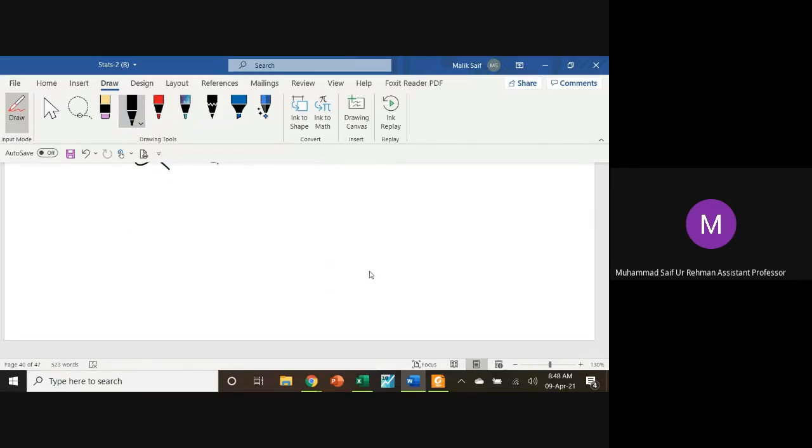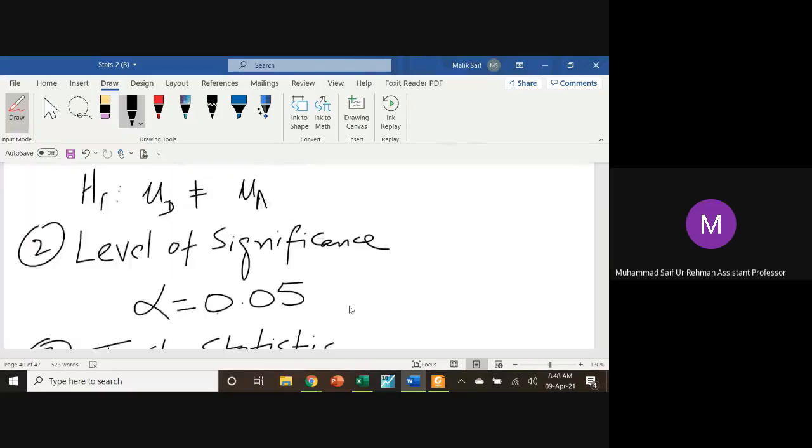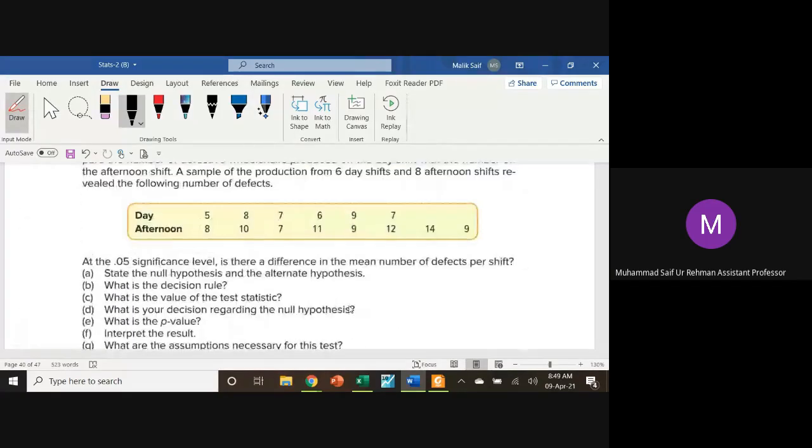Then comes step 3, that is test statistic. So here you have to write down the formula, and before writing down the formula, you have to consider the situation.